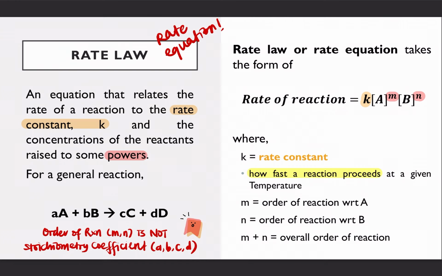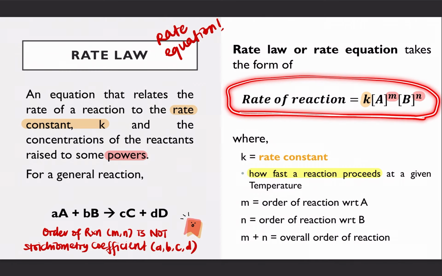Okay, macam tu. If you notice, okay, for rate law or rate equation, it is not like differential rate equation. Obviously the way you write here is not the same.